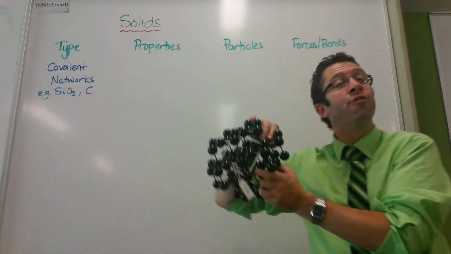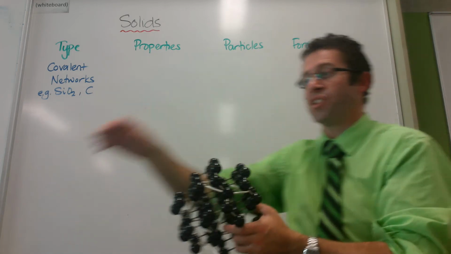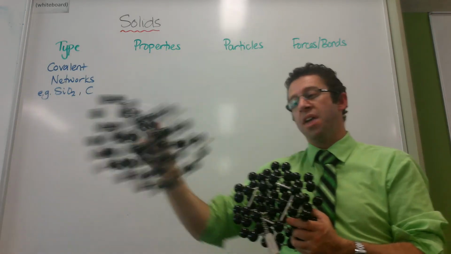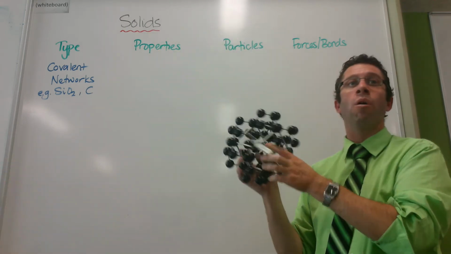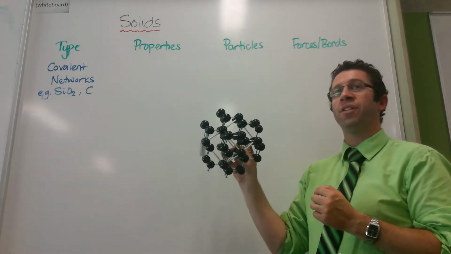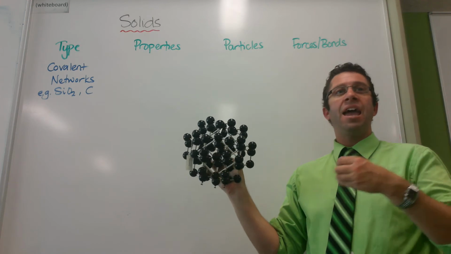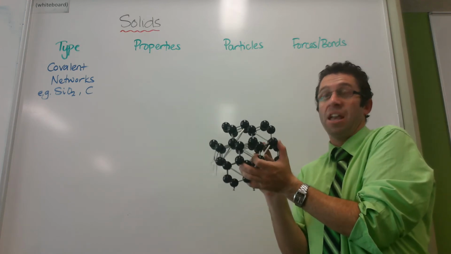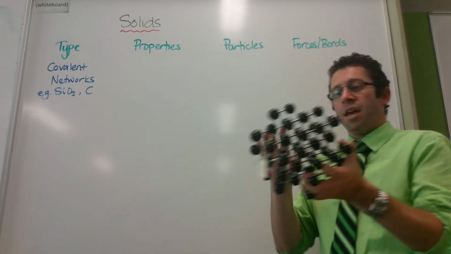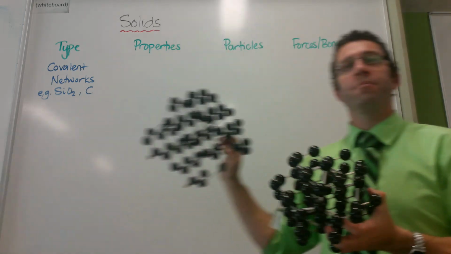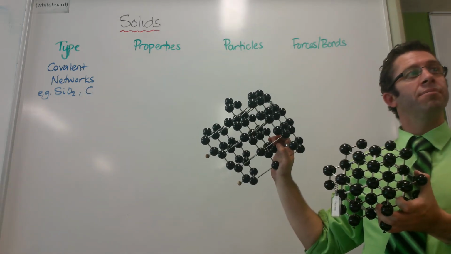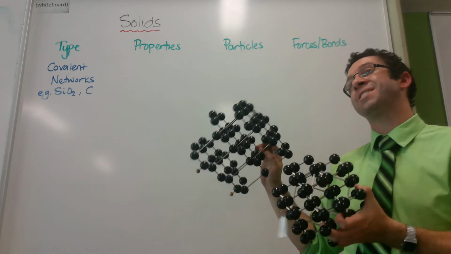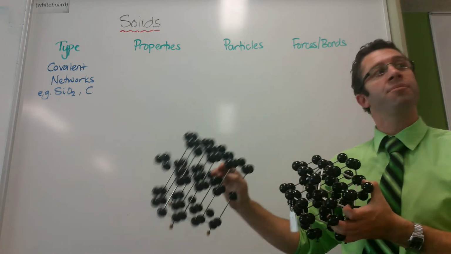Each carbon has got 4 covalent bonds, so it's just that little bit stronger than this. This is the hardest substance we know of. We don't know of anything that's got the same density and bond strength, so therefore we don't know of anything that's as strong as this. But they have about the same melting and boiling point, because to remove one carbon atom takes about the same amount of effort in both.